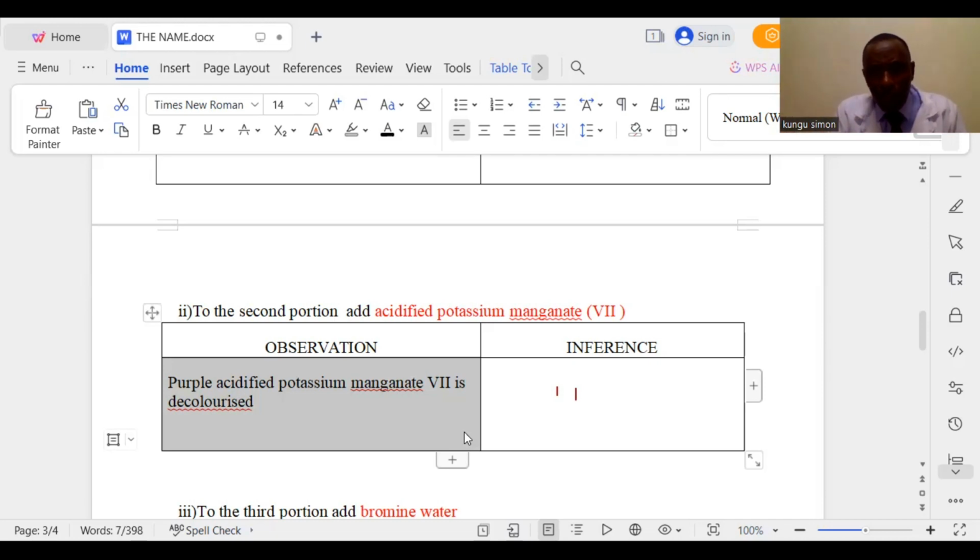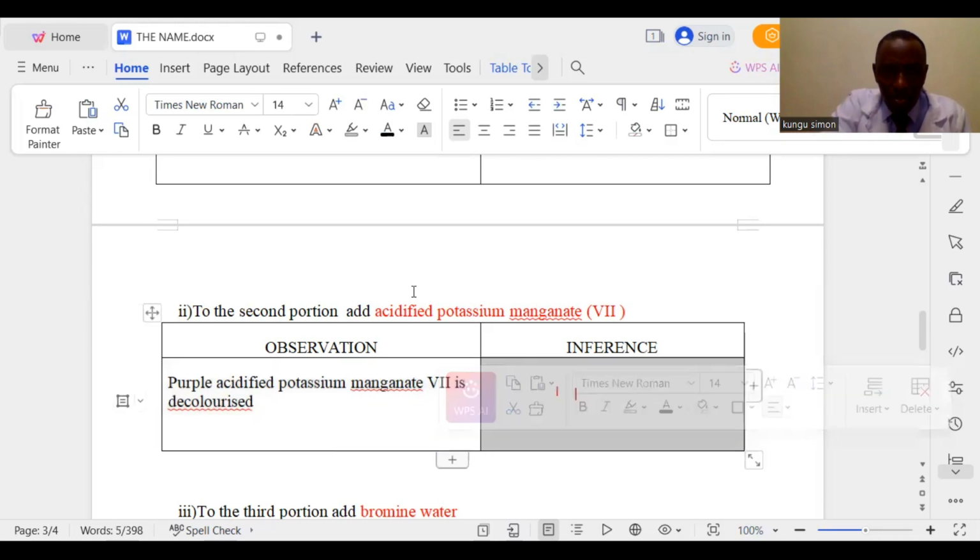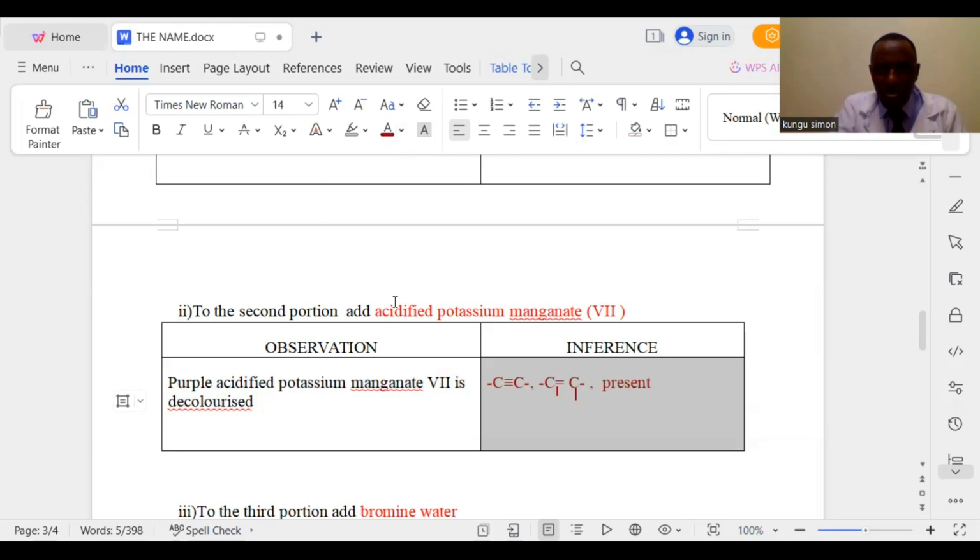But the fact that we have already confirmed that ROH is absent, this is the way we do it. I'm going to have the double and the triple. Look at that. The double and the triple are present. Please don't include ROH here, because you have confirmed that the ROH is absent using the potassium dichromate.